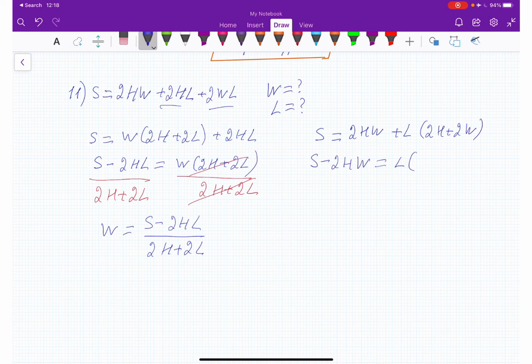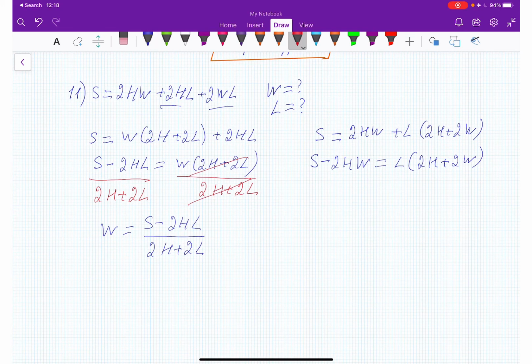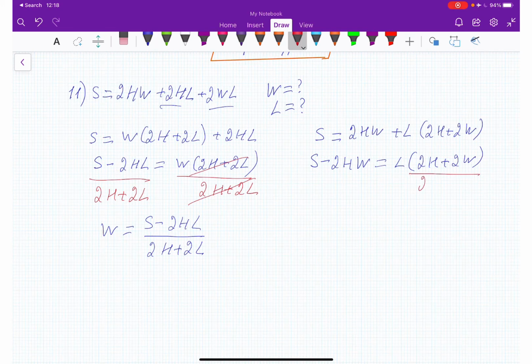That's equal to L times 2H plus 2W. And I'm dividing by, since I need L, I'm dividing by 2H plus 2W, right? 2H plus 2W.